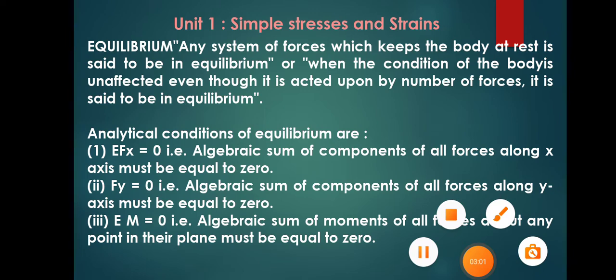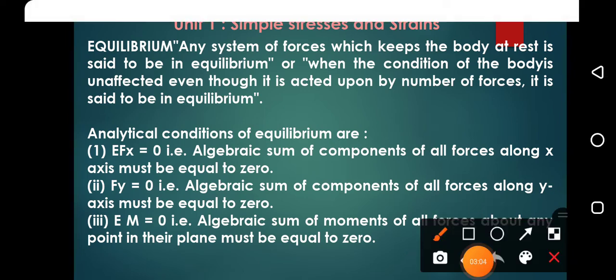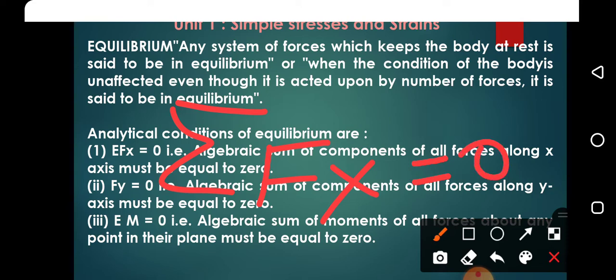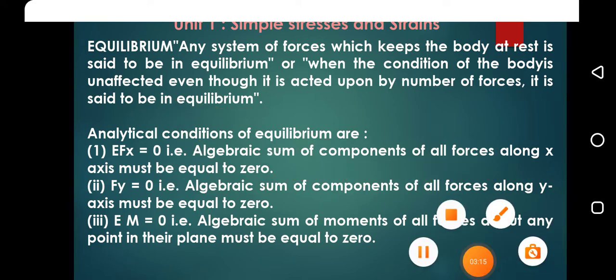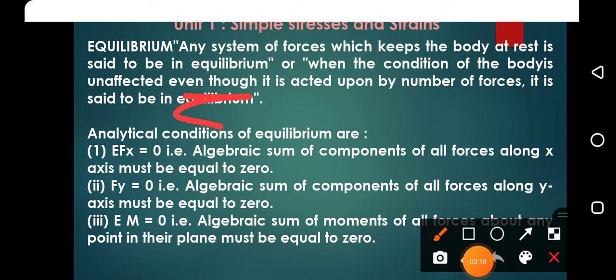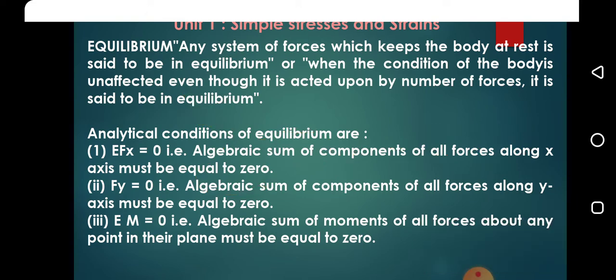Summation of Fx means all horizontal forces along x is equal to 0, right? Same as it is, summation of Fy means all components of force along the y-axis must be equal to 0, right? So the moment also is equal to 0.